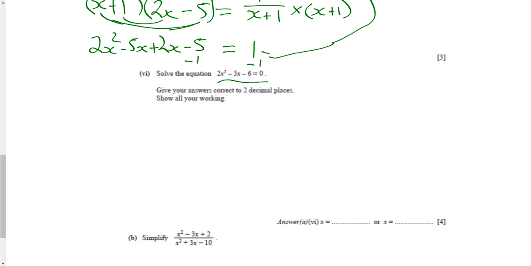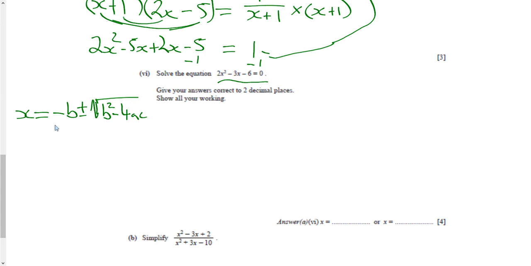The quadratic formula is very useful, and you should know it by heart. x is equal to minus b plus or minus the square root of b squared minus 4ac.